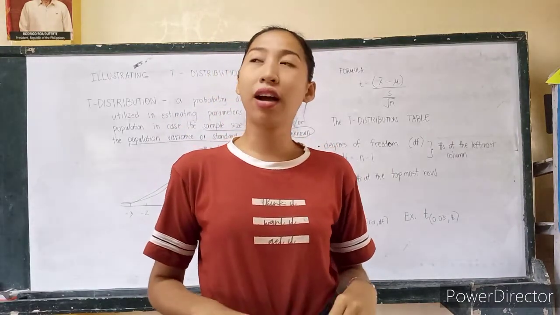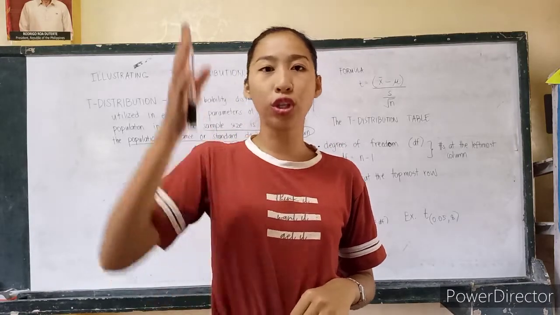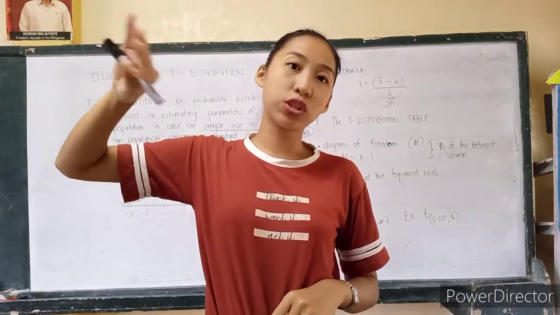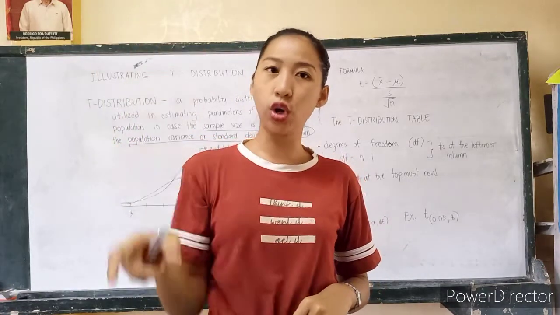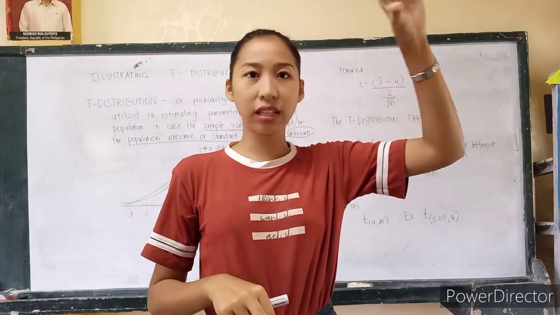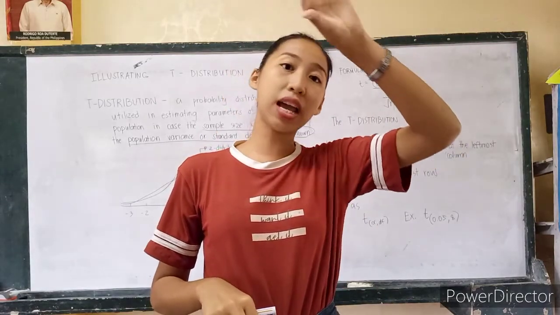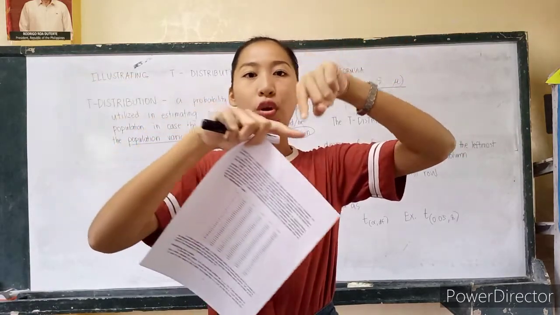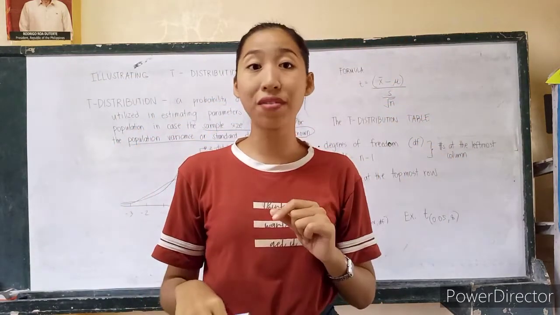Remember that the first 2 digits are what you look for in the leftmost column, the very first column. Whereas the third digit is used in the topmost row. Then you intersect the two values, and that is your z value.